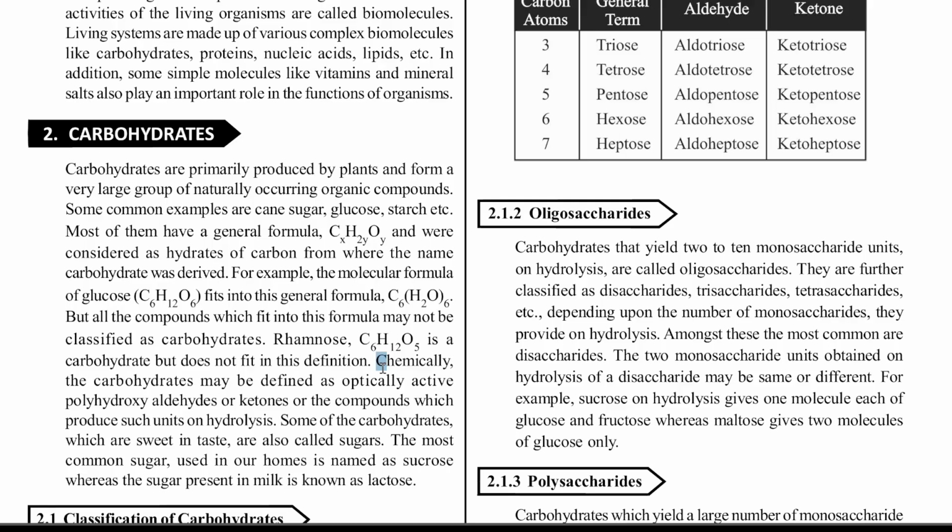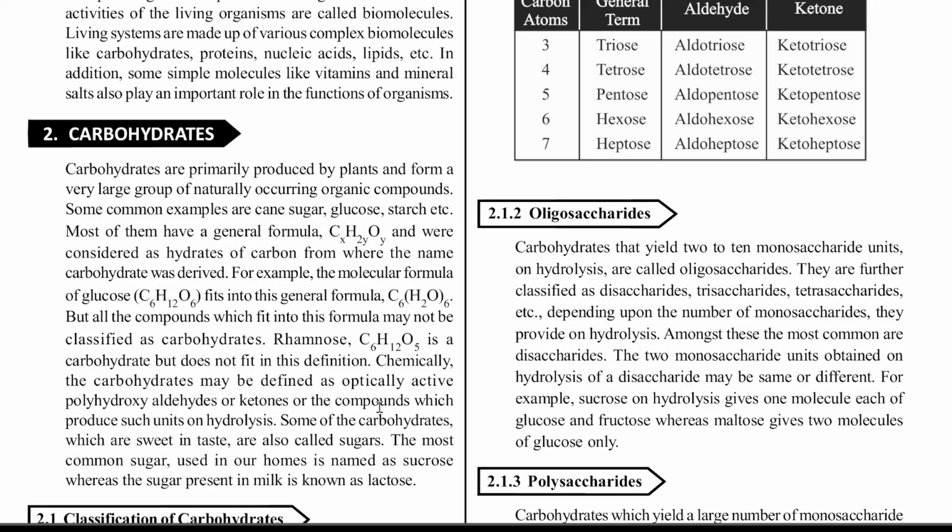Chemically, carbohydrates are defined as optically active polyhydroxy aldehydes or ketones, or the compounds which produce such units on hydrolysis. Now, breaking it down word by word, optically active compounds are those which give you a mirror image.